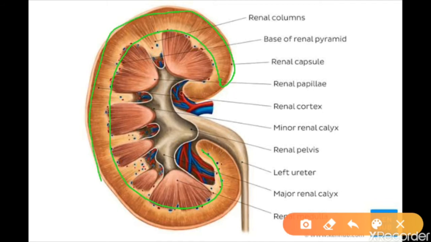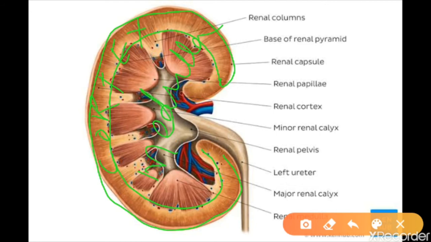This one is called the cortex part, and the middle one is called the medulla part. This is cortex and this is medulla. So what we are talking about, that nephrons are the structural and functional unit of kidney.